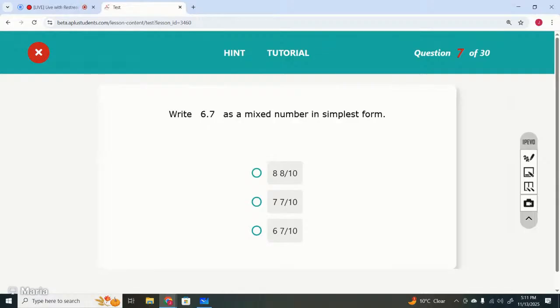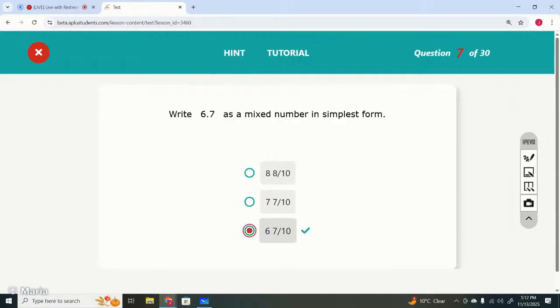Write 6.7 as a mixed number in simplest form. That would be 6 whole 7 over 10.